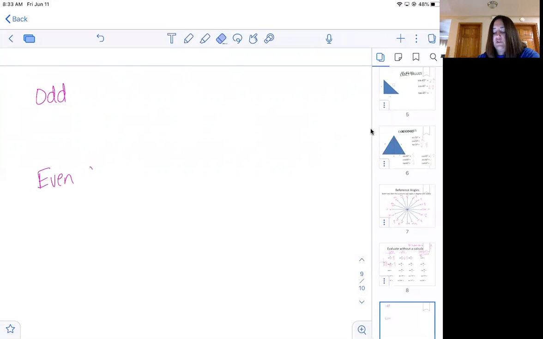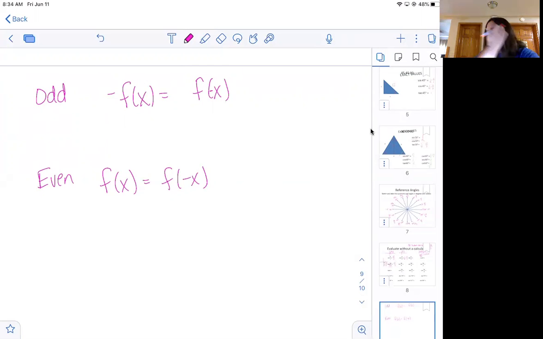So an odd function, if you go back to thinking of what you did in maybe a college algebra class, let's do even first. F of x has to equal f of negative x. So that's what an even function is. An odd function says negative f of x has to equal f of negative x. So these things have to be true in order for them to be odd or even.